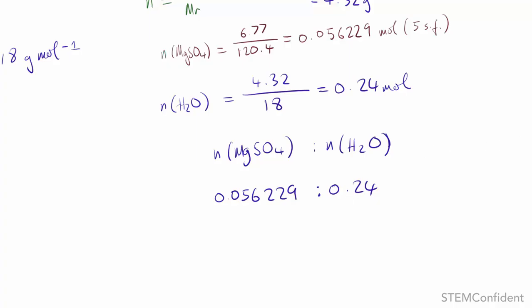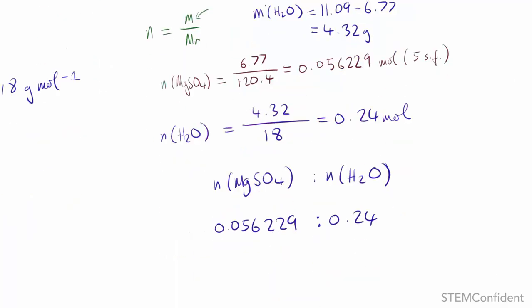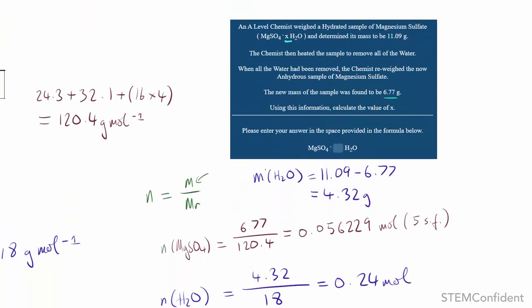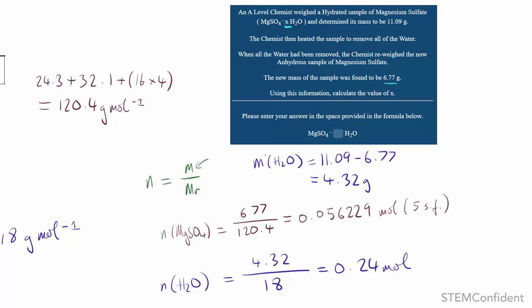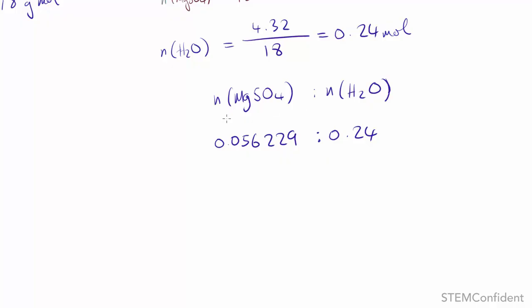And the coefficient with regards to MgSO₄, as you can see here, is effectively 1. It doesn't have a number next to it, but we can infer that the absence implies the coefficient is 1. So to work out the coefficient for the H2O, the value of x effectively, we want to get this value on the left hand side to be 1.